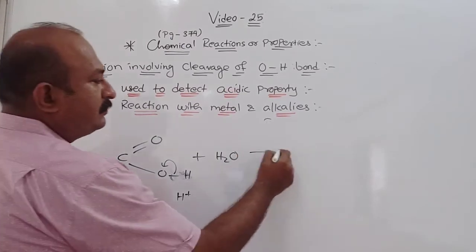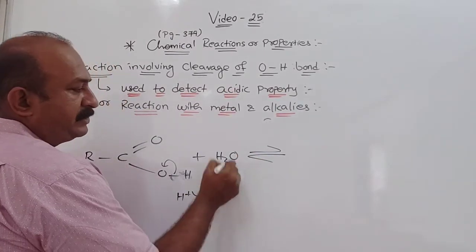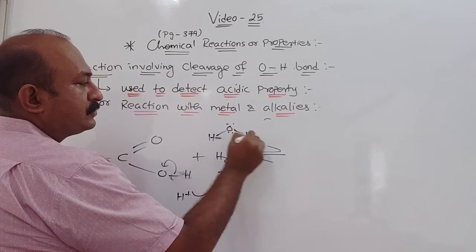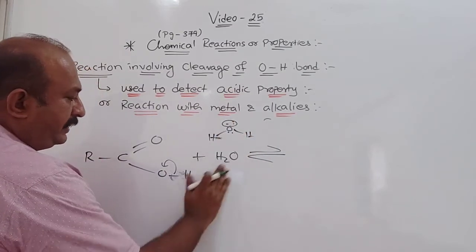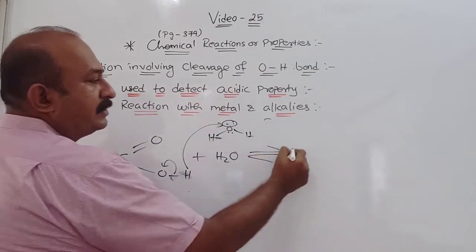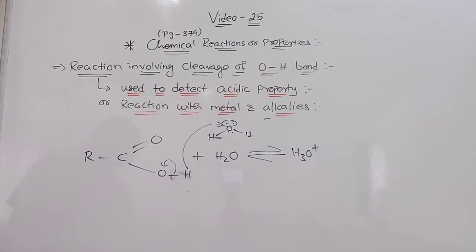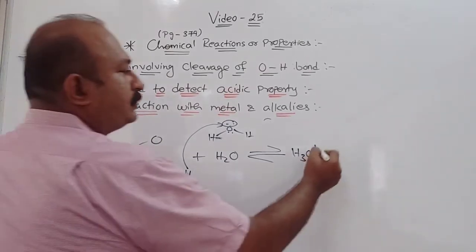So here you can see what will happen in this case. This H plus and water, when I write water like this, this electron pair is donated to this hydrogen. So this will form H3O plus ion, plus the carboxylate ion.